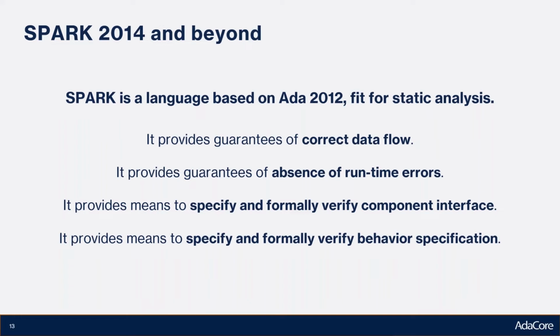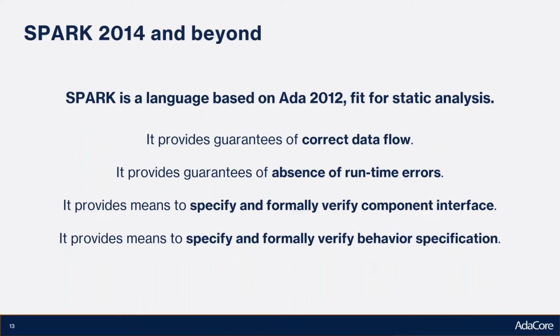And that second line, you get a guarantee of the absence of runtime errors. If it's possible that you have a divide by 0 in your program, it's rejected. That's illegal. It's illegal for it to be possible to raise an exception. It's illegal for it to be possible to overflow or underflow or go out of bounds.